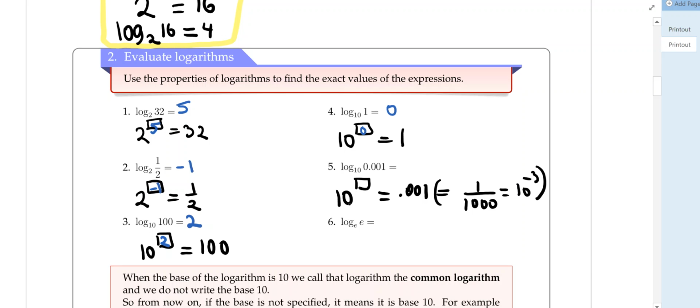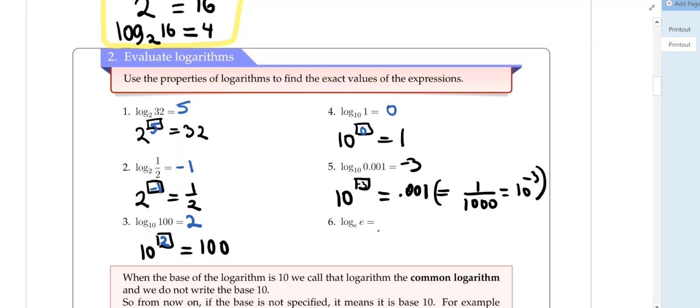So therefore, 10 to negative 3 gives me 0.001. Put it in your calculator. What is 10 to the negative 3? It's 0.001. So therefore, the answer is negative 3. So you see the result that I'm getting from evaluating a log. It's an exponent that the base needs to have in order to get this value.